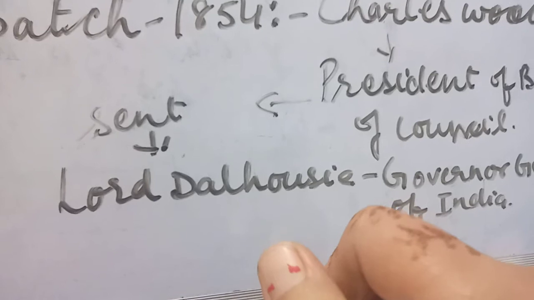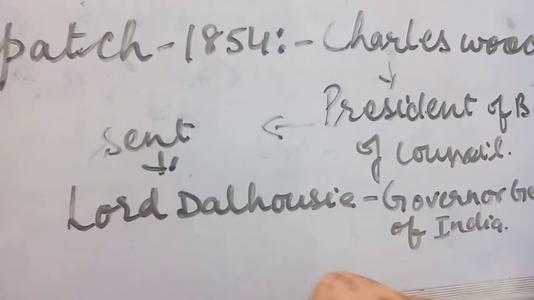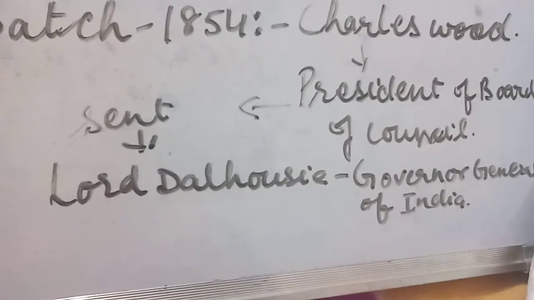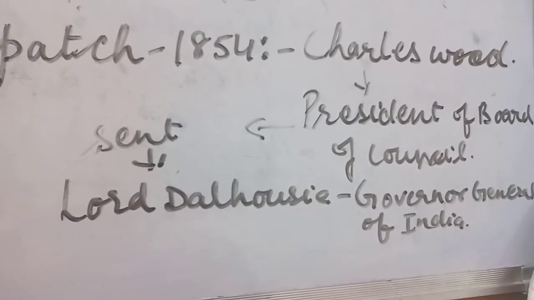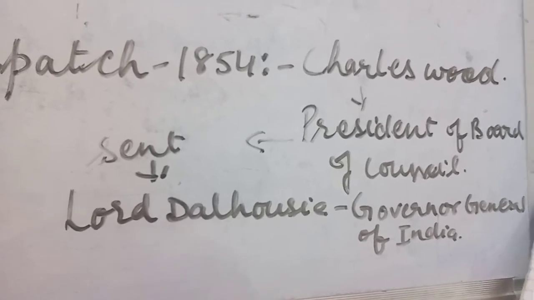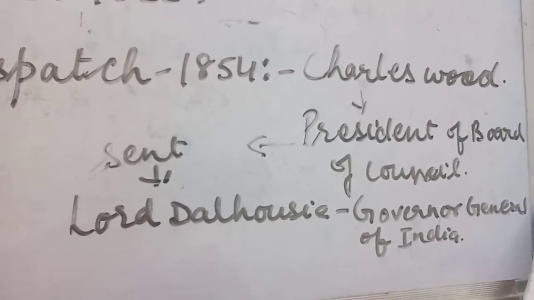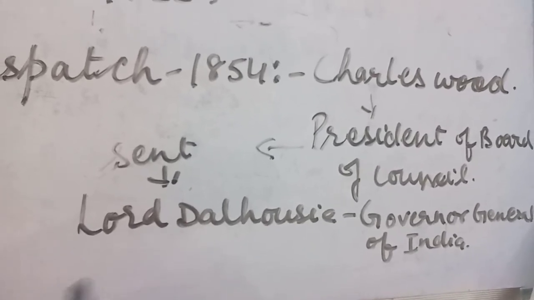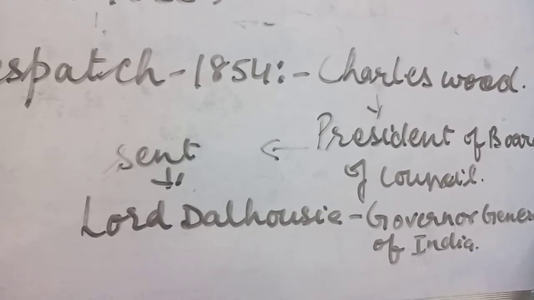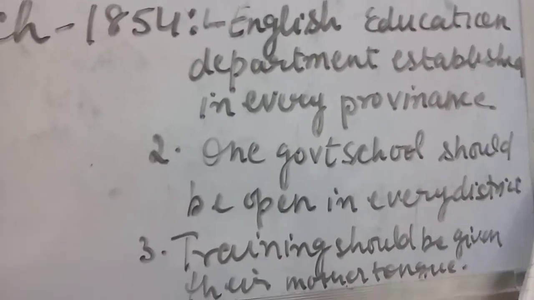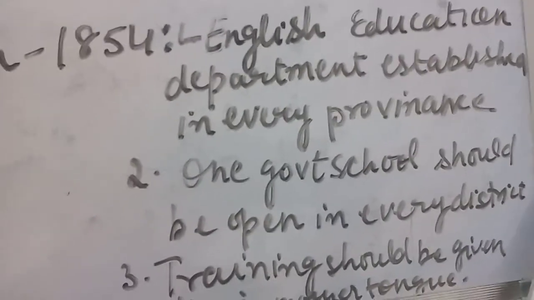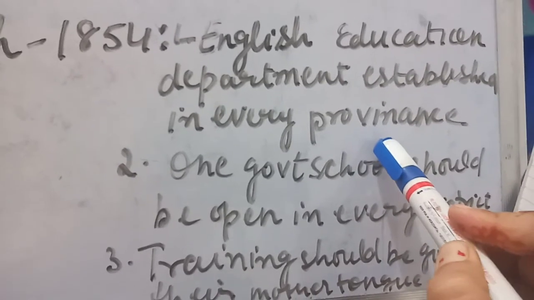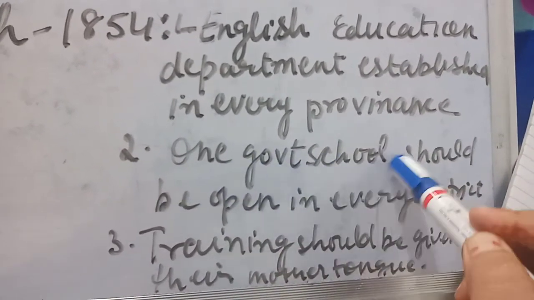Universities on the model of London University should be established in big cities, such as Bombay, Calcutta and Madras. At least one government school should be open in every district. Affiliated private schools should be given grants in education.